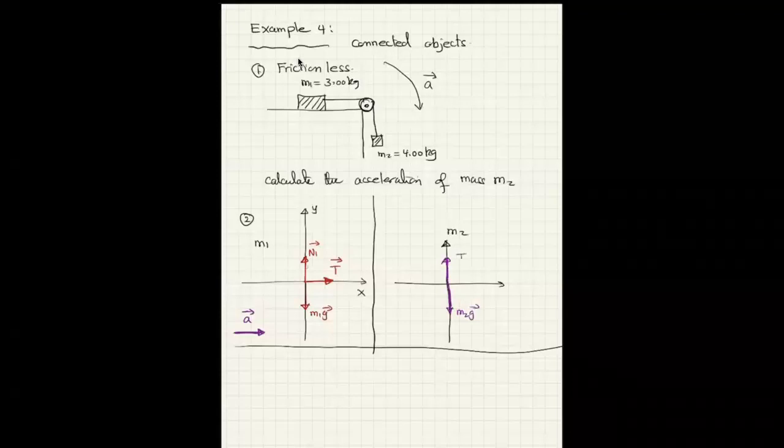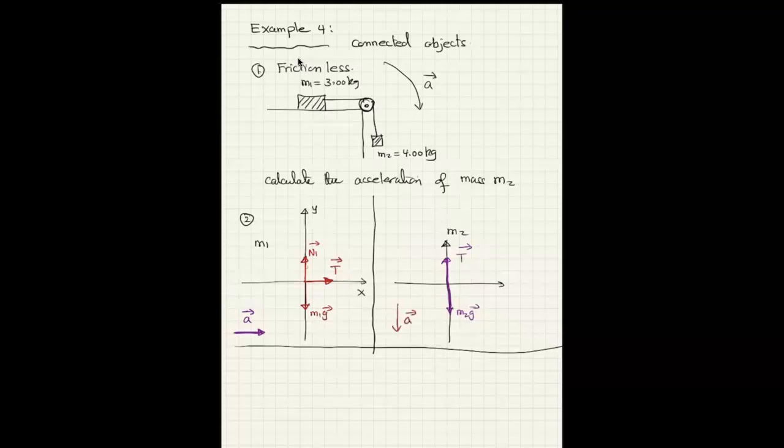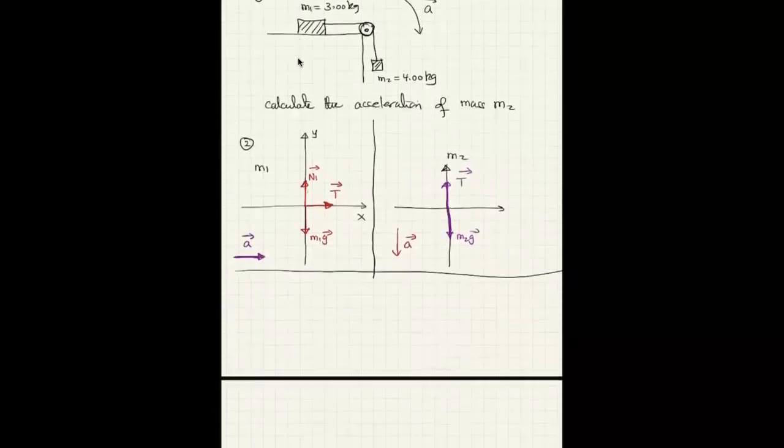There is no normal here. This is in the air, then there is no normal, but there is a rope trying to pull it up. As a result, it will accelerate down, because actually the weight should be more than the tension.